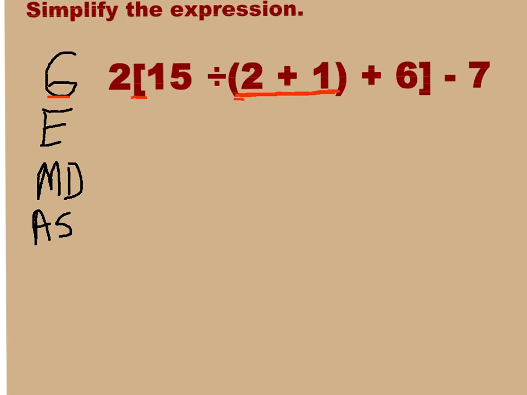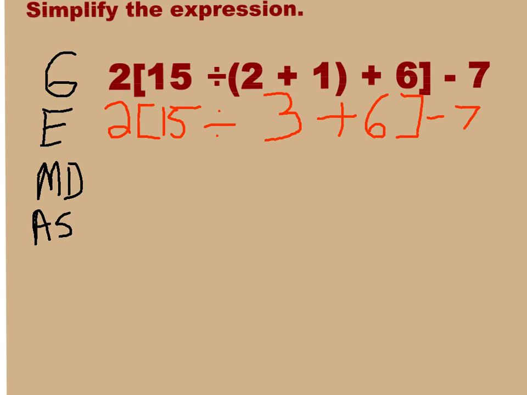So we're going to do the 2 plus 1 first and get a 3. And then, as always, we bring the rest of the problem down. Bring down the 2, bring down the bracket, and we bring down the 15 divided by, now it's divided by 3 because we substituted for the parentheses, plus 6, bring down the other bracket.